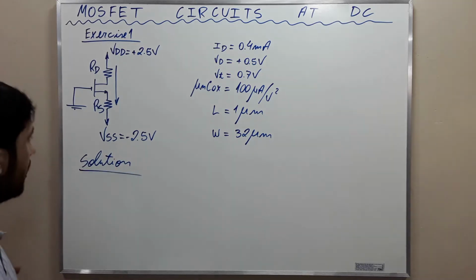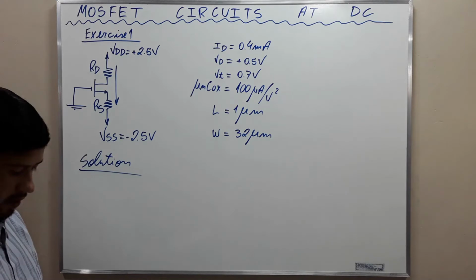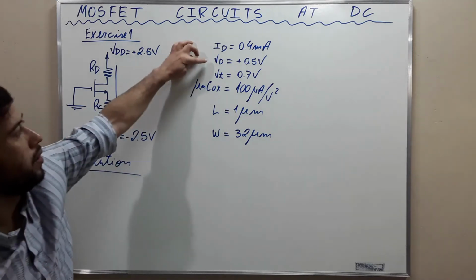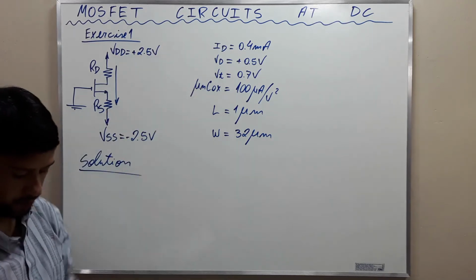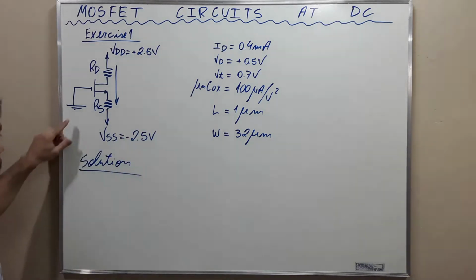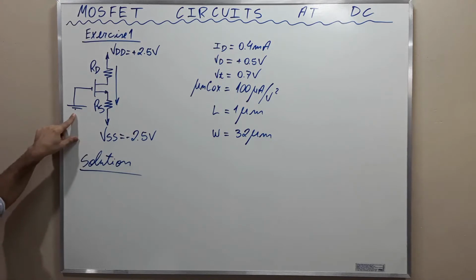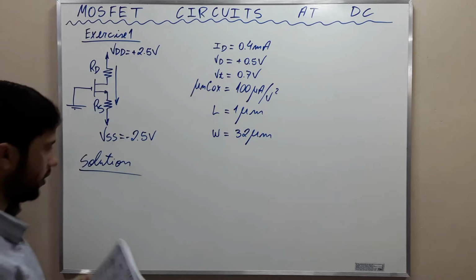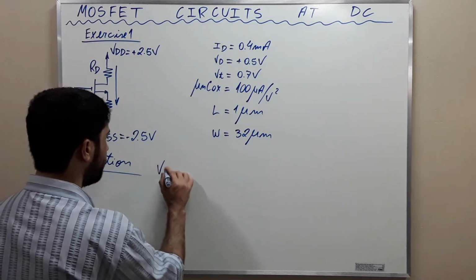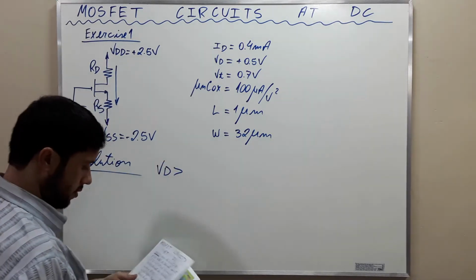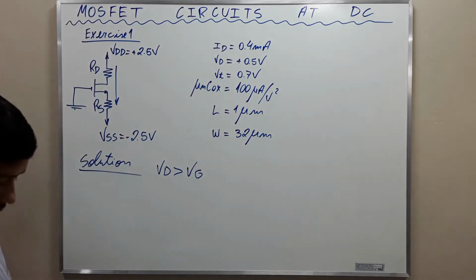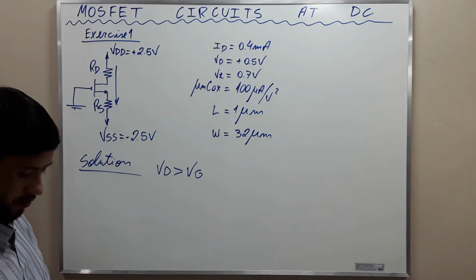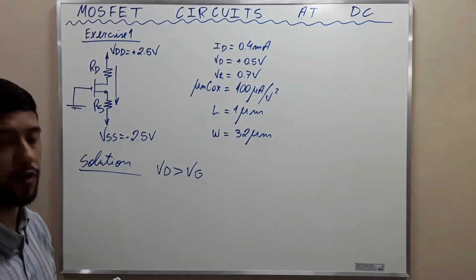Okay. The design requirement is that VD is equal to positive 0.5 volts, and since VG is 0 volts, then VD is greater than VG, which guarantees that the transistor is operating in the saturation region.